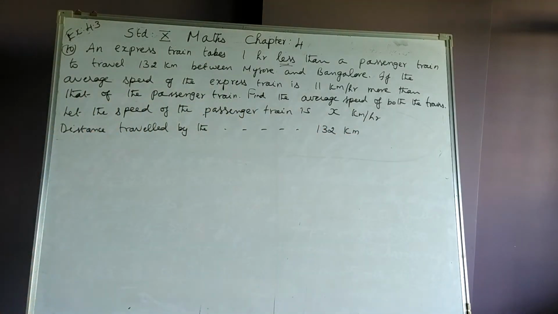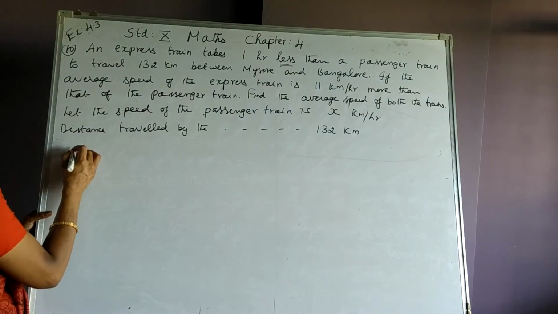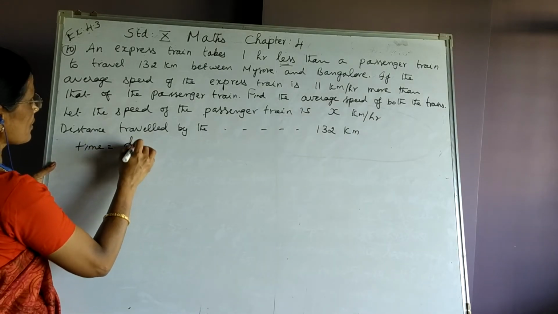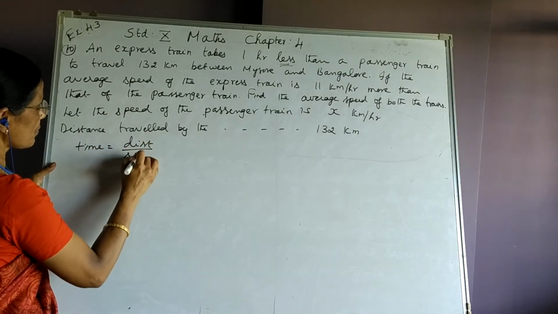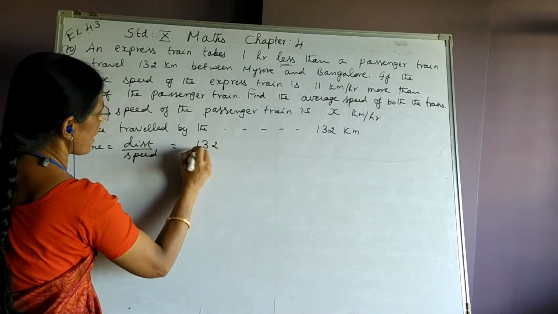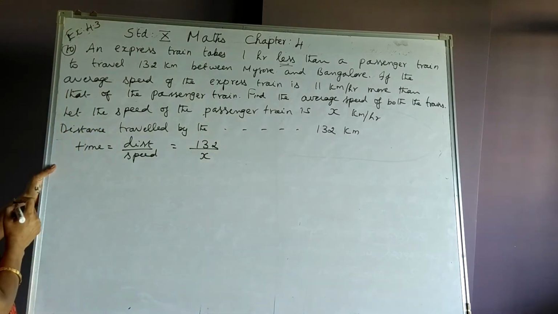We know a formula relating time, distance and speed. We know time is equal to distance upon speed. What is the distance covered? 132. And what is the speed? Speed is equal to x.